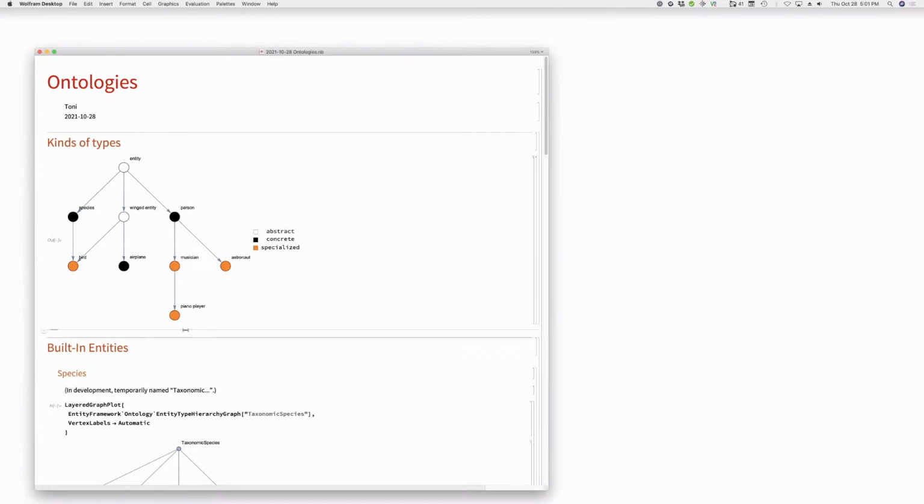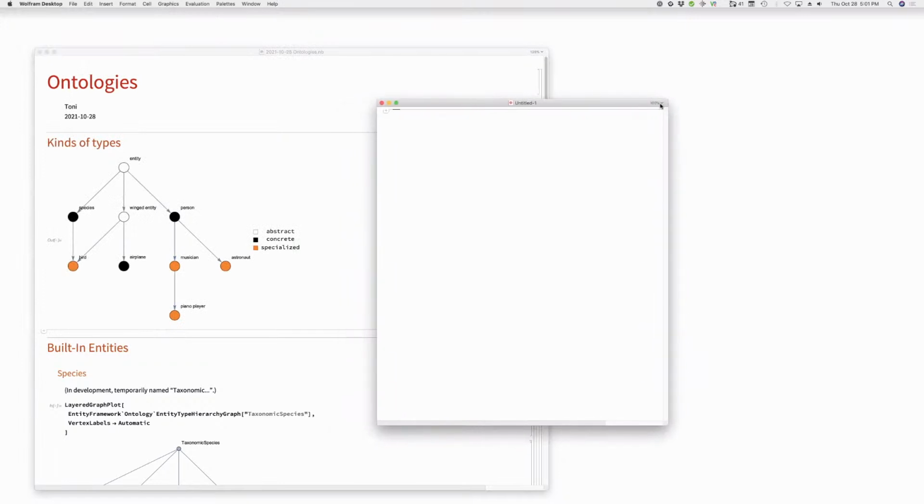Okay, so what we're thinking about here is the naming hierarchy and also the property hierarchy. Now, the naming hierarchy has to have this strict ordering relation.